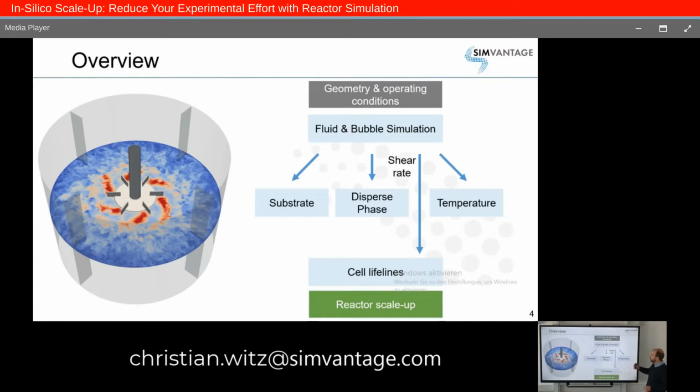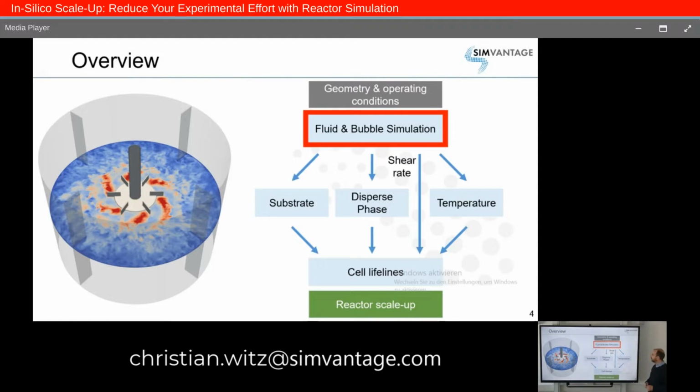Building up on it is the simulation of substrate, where we know, for example, the nutrient concentration, or the dispersed phase simulation, where we can simulate oil droplets which are dispersed in the reactor, but this can also be used for reaction starters, for example. And we can also add a model to simulate the temperature. The shear rate directly comes out of the fluid simulation and can be directly used for the lifelines. And the results of all the other modules also flow into our lifeline concept.